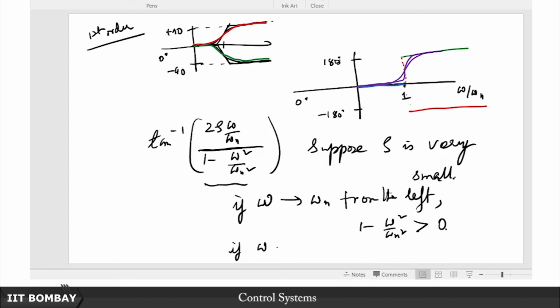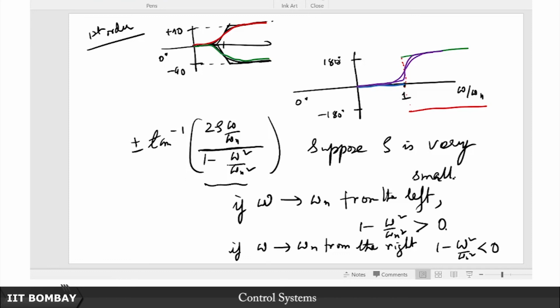If omega approaches omega n from the right, note that because there is a discontinuity, these limits will not be equal, then 1 minus omega squared upon omega n squared is less than 0. That gives rise to this plus or minus 180 degrees after all. It becomes negative immediately, so the real part becomes negative. But what about the imaginary part? You see, the imaginary part is going to depend on this zeta, no?